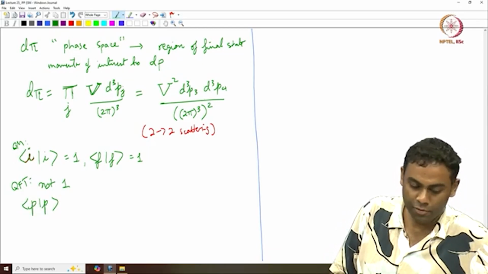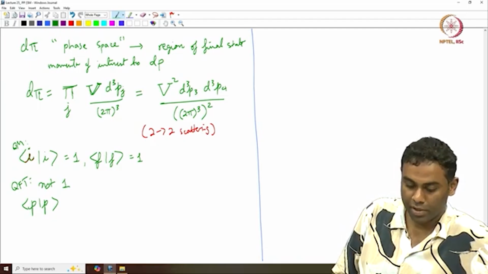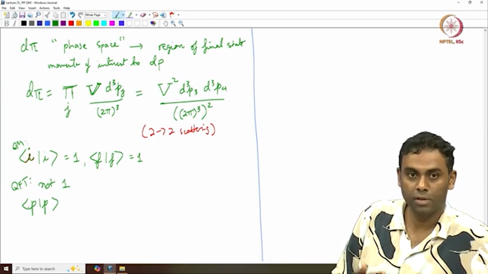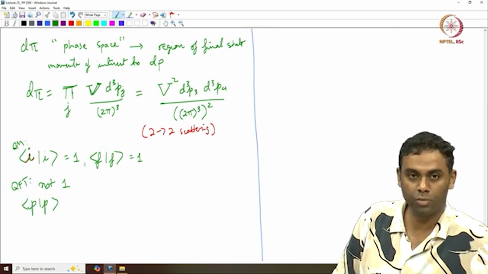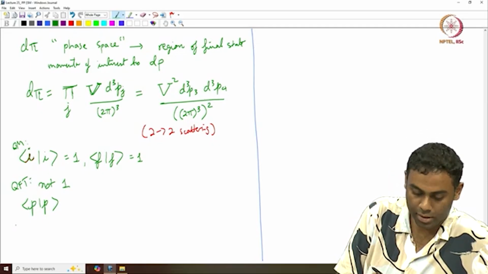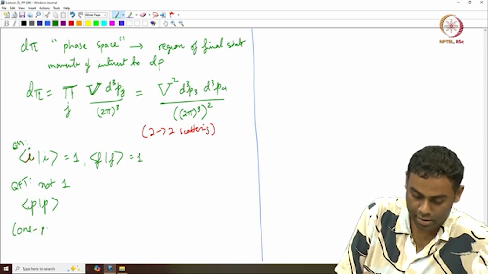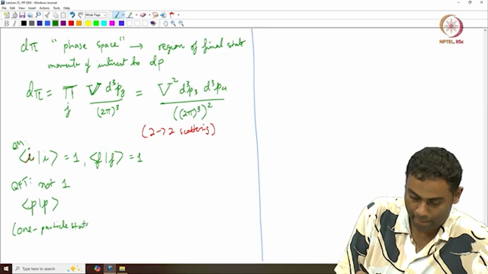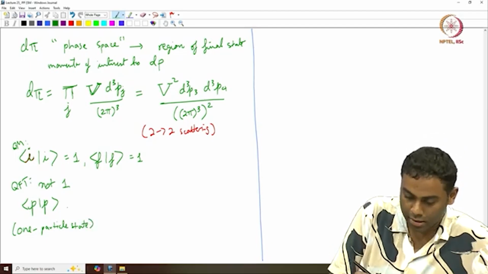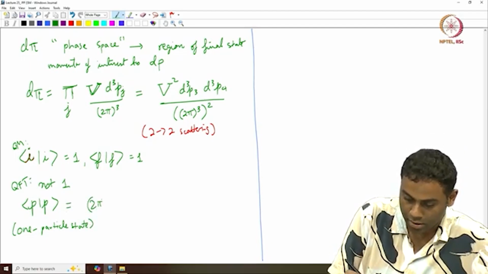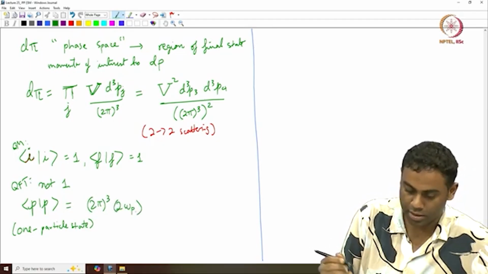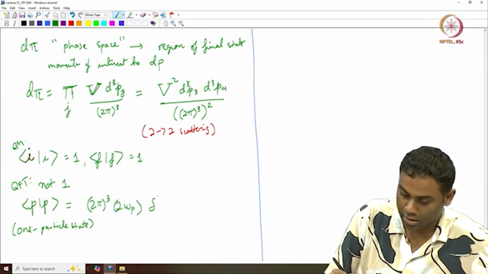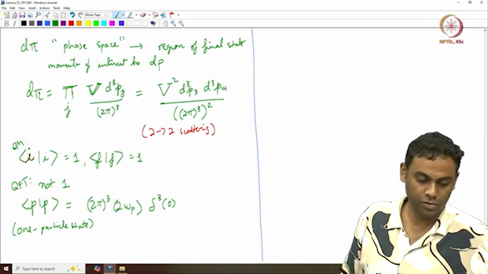If I have a one particle state defined by its momentum p, then this norm is nothing but 2 pi cubed times 2 omega p, where omega is the energy of that state, times delta cube of 0.